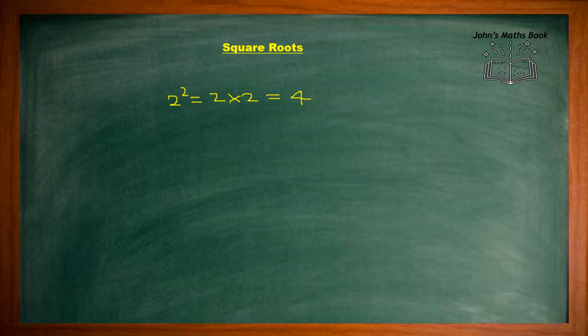Another example is the square root of 64. Now 64 is a perfect square. It's 8 squared, which is equal to 8 times 8, which is equal to 64. So the square root of 64 is equal to 8.